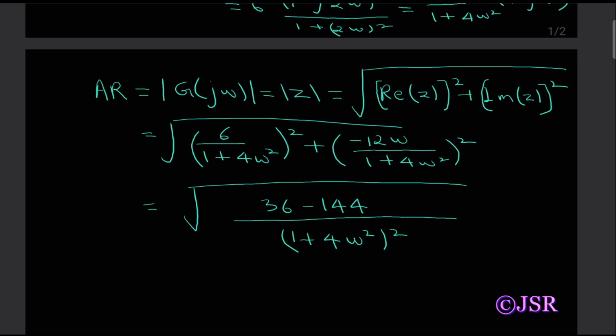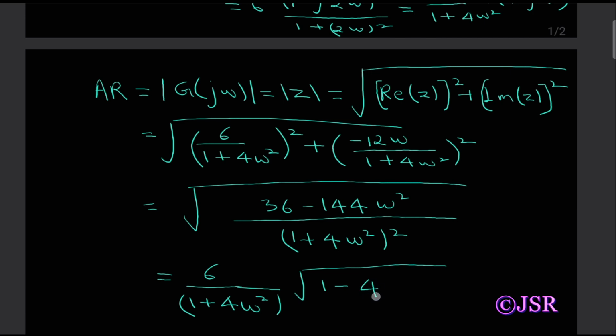So finally we will have 36 common, so we will have 6 common, 1 plus 4 omega square, and here we will have 1 plus 4 omega square, and that will be equal to 6 upon under root 1 plus 4 omega square.